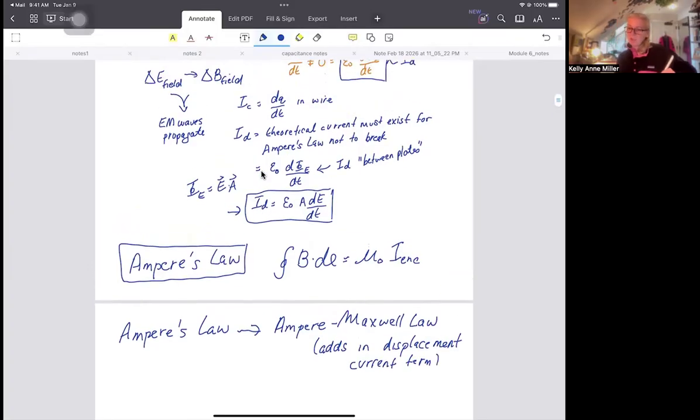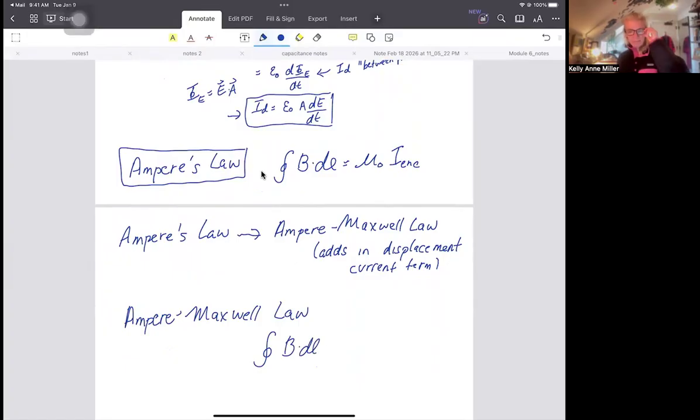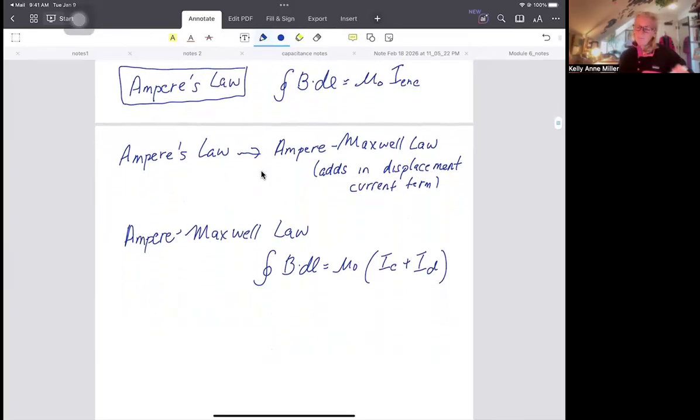So the Ampere-Maxwell law, which is a mouthful, says that if you integrate around a path of a magnetic field, that is going to equal the conduction current plus the displacement current. And we'll do an example in a second so you can see exactly what that looks like.